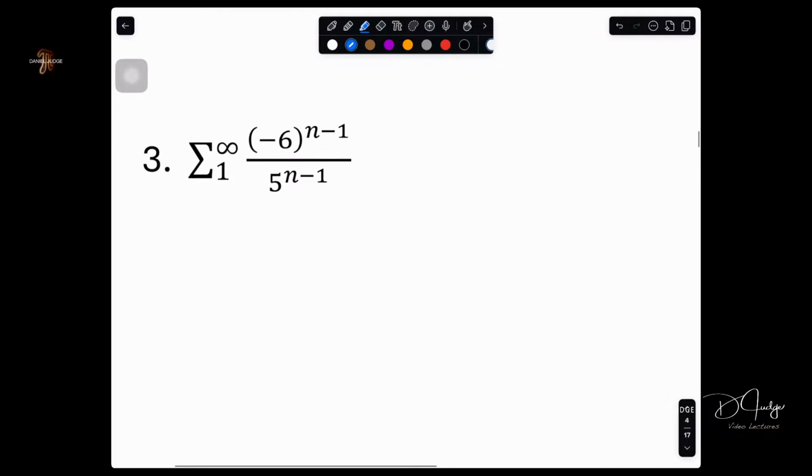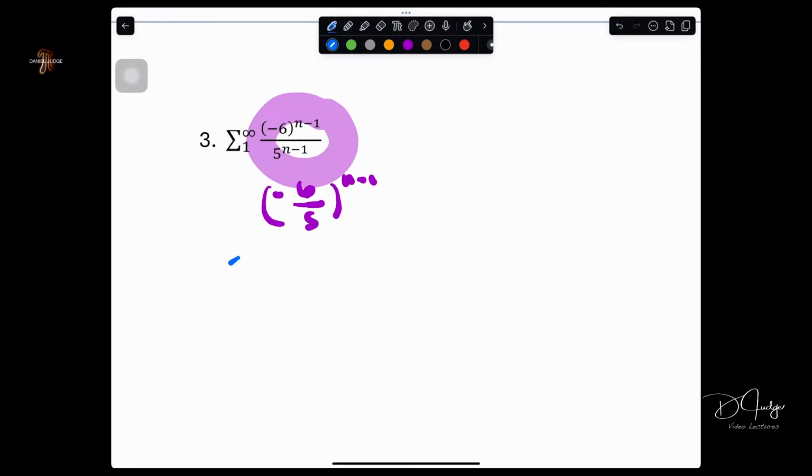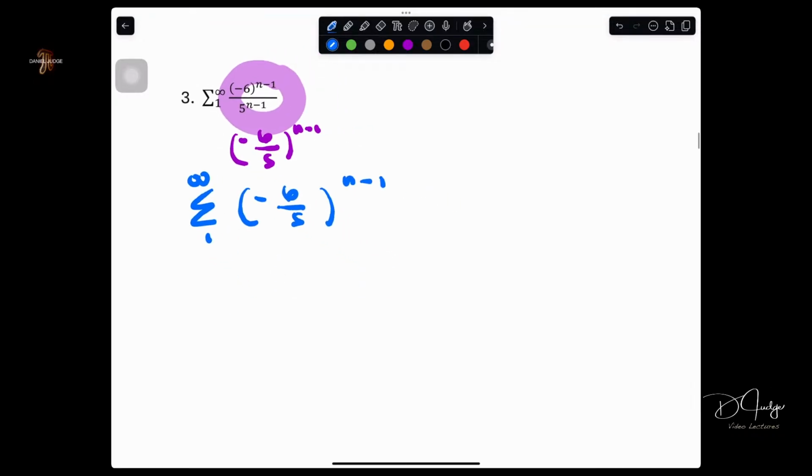All right, now let's take a close look at this. Let's do a little algebra here. This next one, number 3, if we do some algebra, that looks like it's -6 over 5 to the n minus 1 power here. So the real series, just by doing a little bit of simplification here, is what we see. Now, let's look at the terms here. If we let n be 1, we get -6/5 to the 0 power.